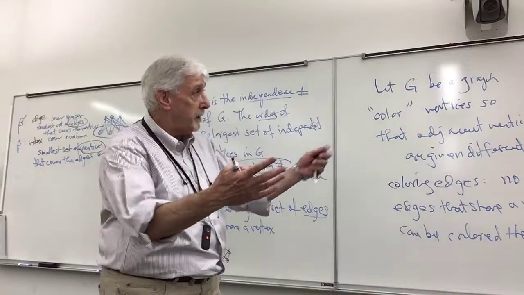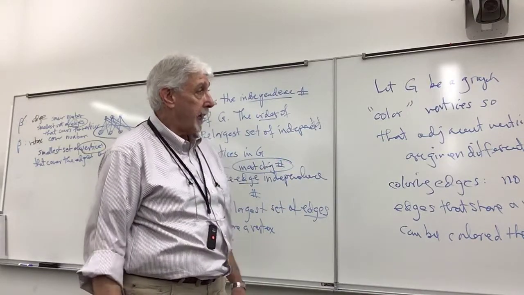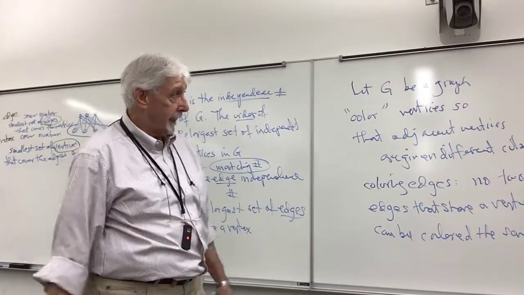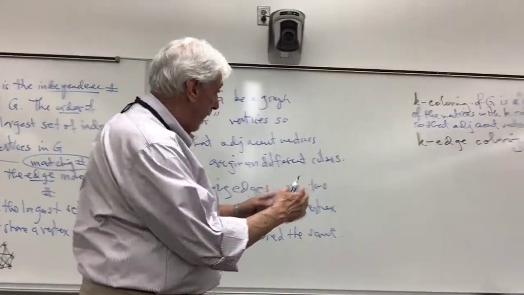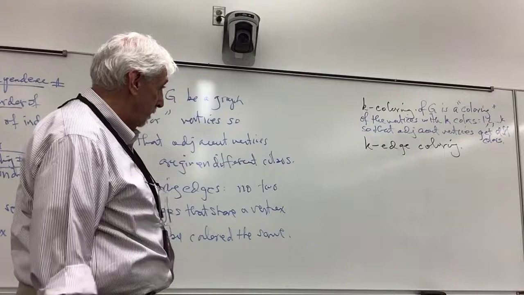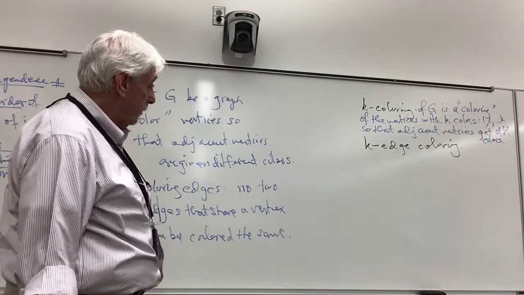If you find the best K, the smallest K, then we would say that it's K chromatic, but we'll talk about that in a moment because I have another definition that we want to talk about.